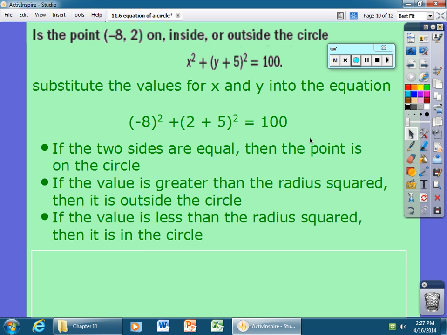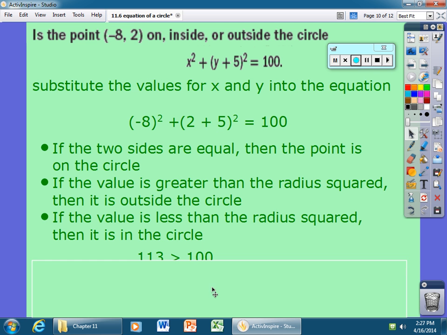If the 2 sides of my equation both equal 100, then that means the point is on the circle. If the value of my 2 coordinates is greater than the radius squared, then it's going to be outside the circle. And if this value that I'm calculating right here is less than the radius squared, then it is inside the circle.